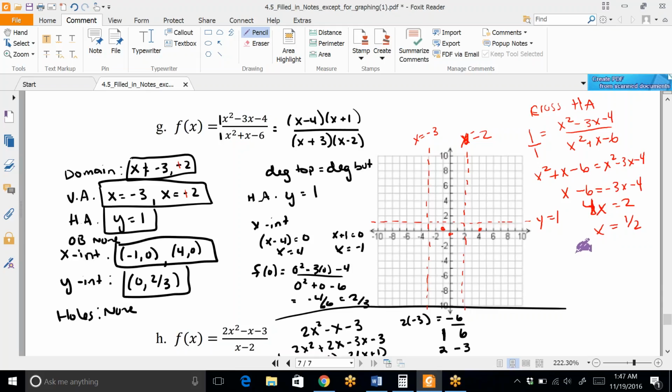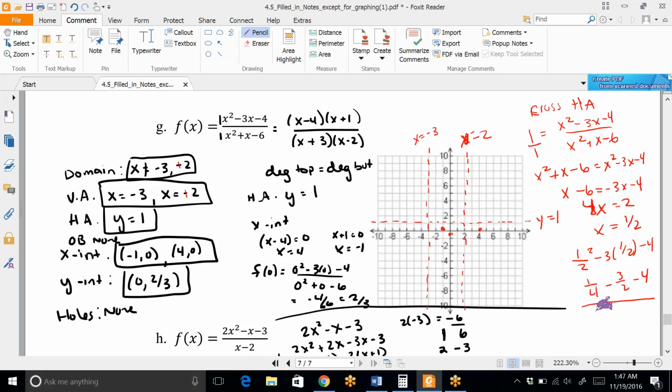So what point would that be? One-half squared minus 3 times 1/2 minus 4. That's 1/4 minus 3/2 minus 4.